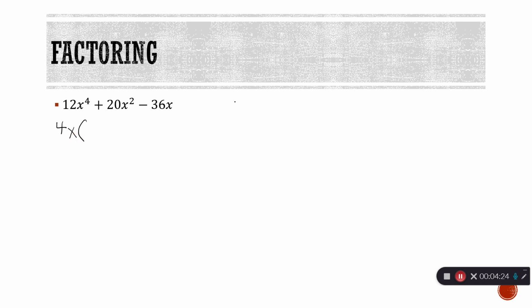Okay, so if you're not comfortable with doing the math out, feel free to do the division out on the side. Okay, so you can visualize it. We have 3 terms, so 3 fractions, 3 division problems.